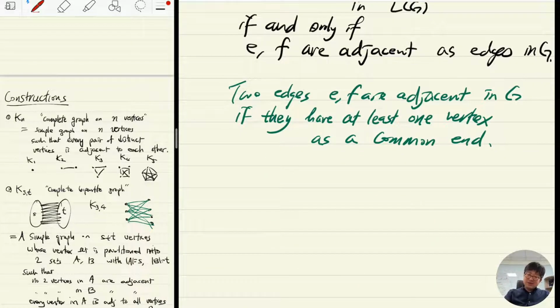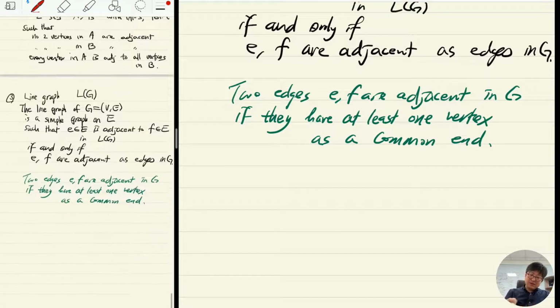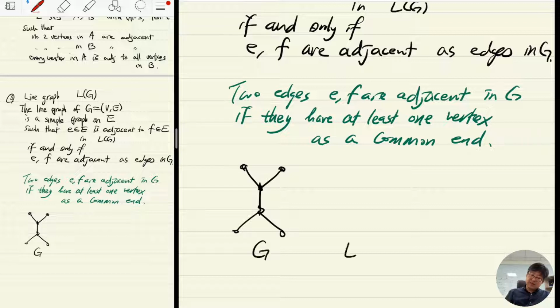So let me give you an example. What could be the interesting example? So this is a 6 vertex graph. And what is the line graph? So let me put numbers 1, 2, 3, 4, 5. Then in the line graph I have 5 vertices.